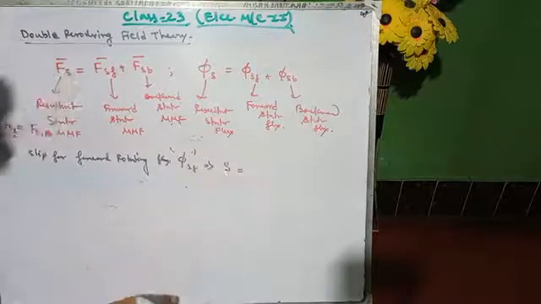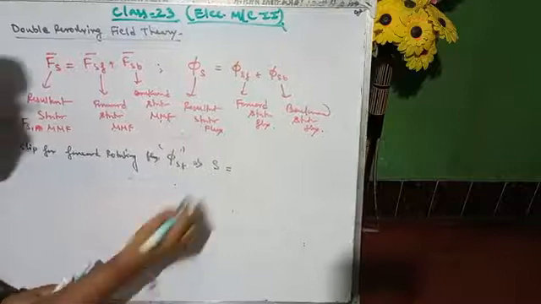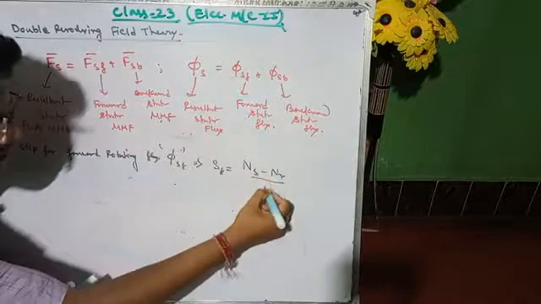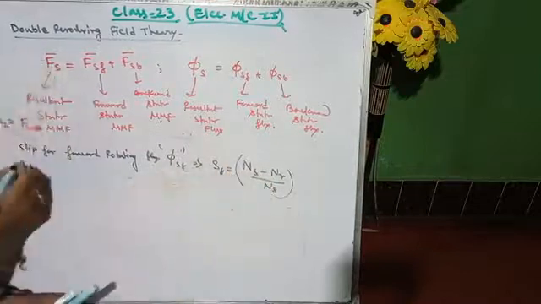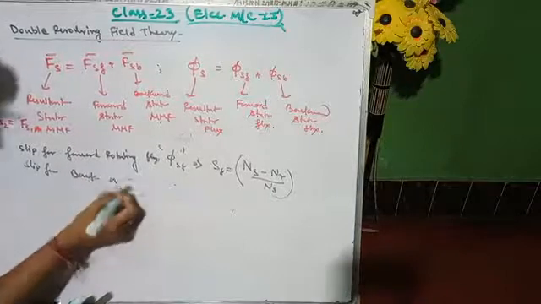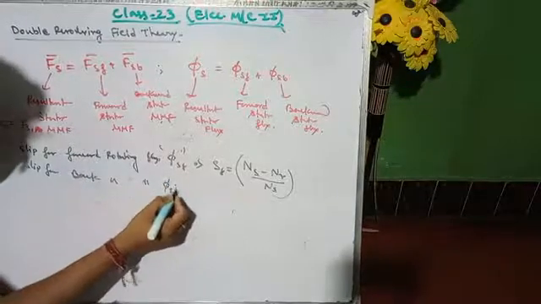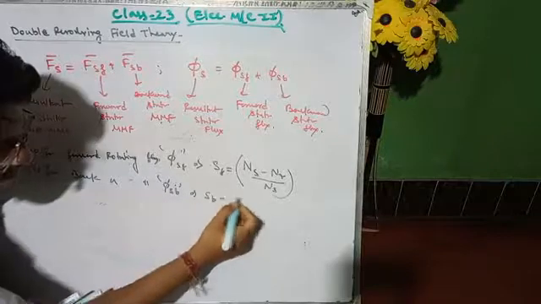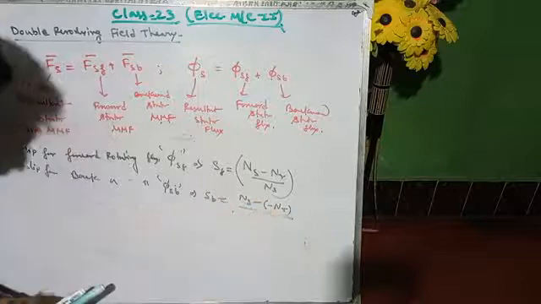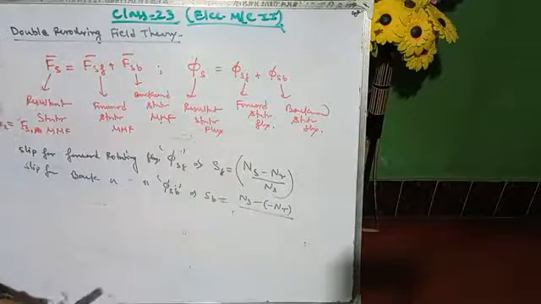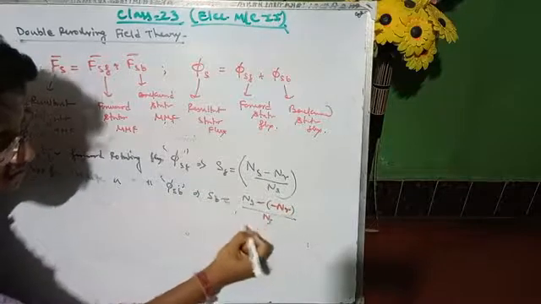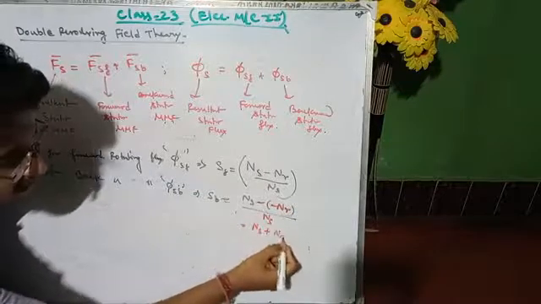S equals, now we are taking it as s of f, which is ns minus nr by ns, right? And slip for backward rotating flux, that is phi of sb, s of b equals ns minus of minus nr. Why? Because it will rotate with the same magnitude nr and just in the opposite direction of ns. So it will be ns minus of minus, that is plus nr, by ns.